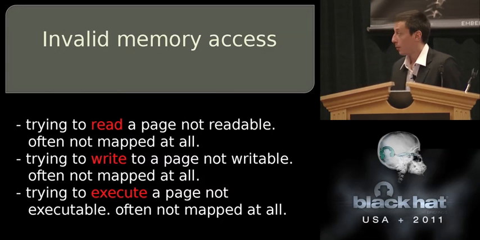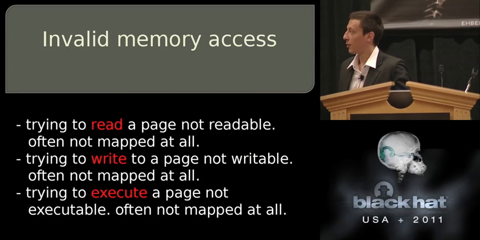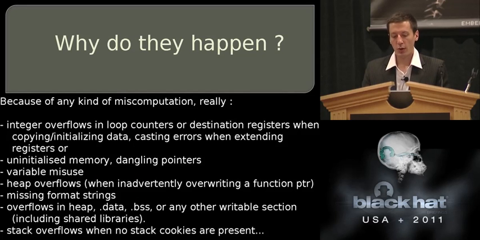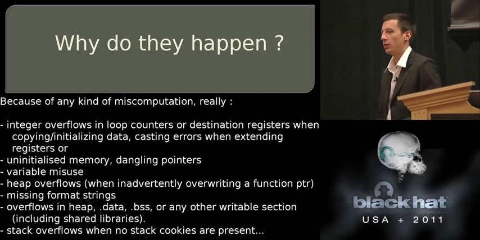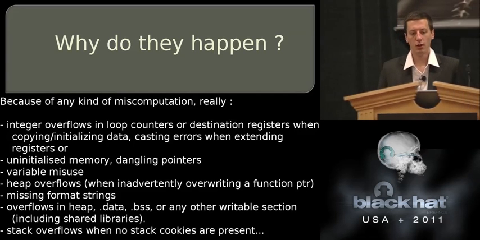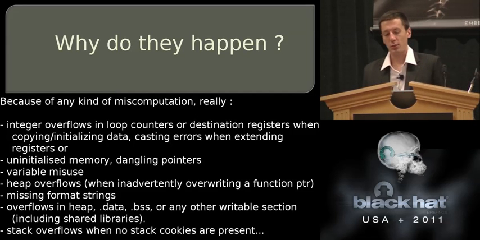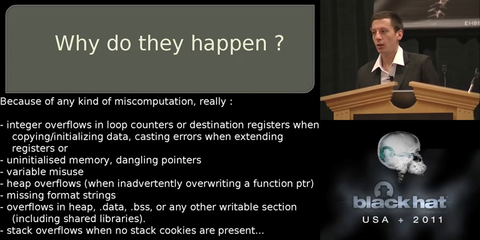Because of the permission, there are basically 3 ways for this to happen: an invalid read, an invalid write, or an invalid execute. Why does this happen? Segmentation fault can happen because of any kind of memory corruption. It can be integer overflow, uninitialized memory, variable misuse. It can be pretty much any kind of vulnerability, which later on triggers a segmentation fault.